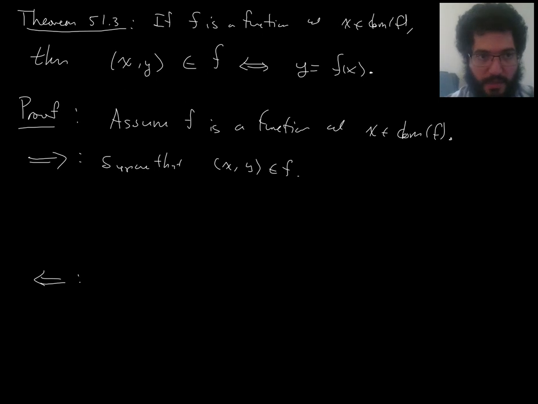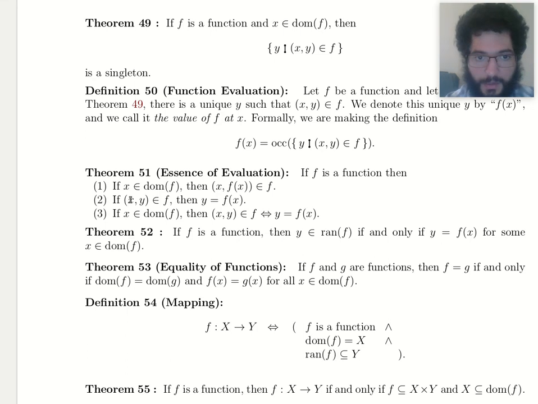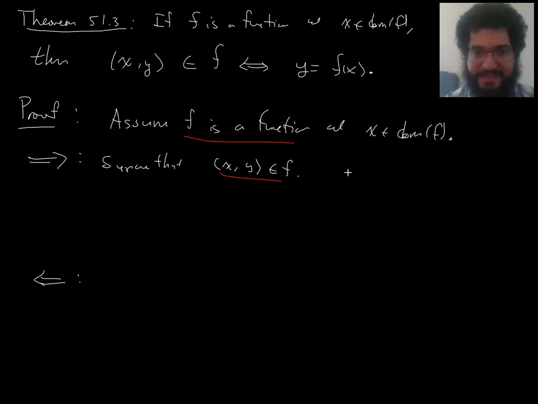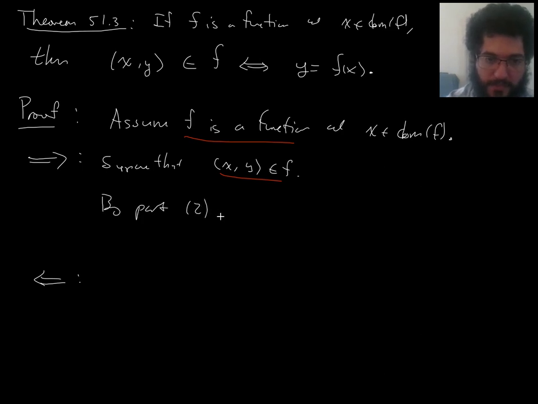Then I have f is a function and the pair x y is in f, right? And part 2 was when that happens, and when f is a function and the pair x y is in f, y equals f of x. So that's it. By part 2, y is f of x.